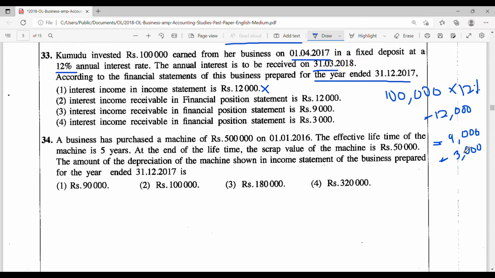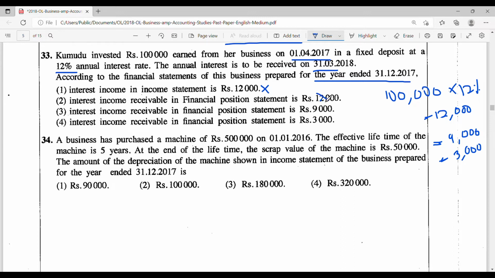Interest income receivable in financial position statement is 12,000. No, that cannot be. Why? You cannot recognize the entire 12,000 as receivable. You can recognize in your income statement the 9,000. So if you are recognizing the 9,000 in your income statement, you cannot recognize the entire 12,000 as your interest receivable.